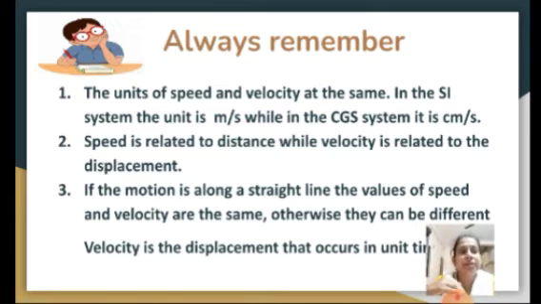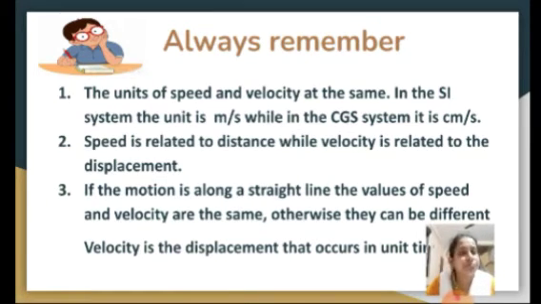Therefore, in this case, the speed as well as the velocity would be the same, because the distance and displacement are the same. If it is along the straight line, there is no change in direction at all, not even a U-turn, then the speed and velocity would be the same. Otherwise, if there is a change in direction, then they can be different.